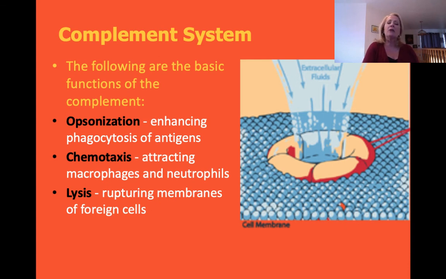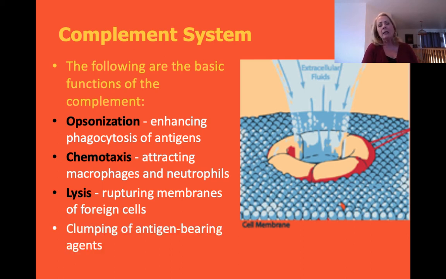And then the extracellular fluid rushing in causes the cell to rupture, and we refer to that as lysis. Now, sometimes it also causes clumping of antigens, and so that helps to prevent things from spreading through the system. Or, we'll talk about it in a little while, it may create problems as well.